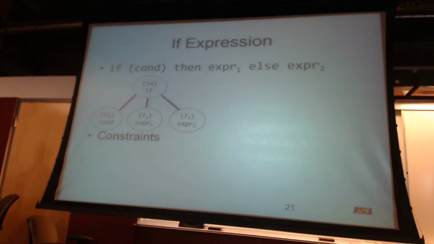The first constraint is t1 has to be Boolean. Whatever the condition outputs, it has to be Boolean. Right? And t2 equals t3 equals t4. Which means that expression 1 should return the same type as expression 2, and the output should have the same type as expression 1 or 2. So that is the constraint.